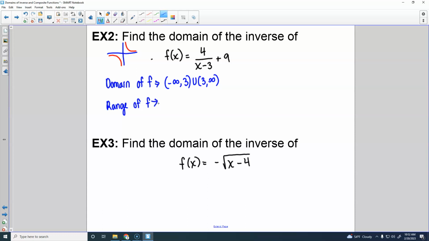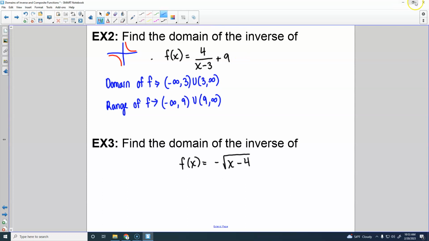So if that horizontal asymptote, the only way we can change where it's at is to move our graph up or down. What's happened to this particular graph? Up 9. So we're going to have a horizontal asymptote at 9, and you're not going to be able to have 9 as a y value. So this is going to be negative infinity to 9 and 9 to infinity.